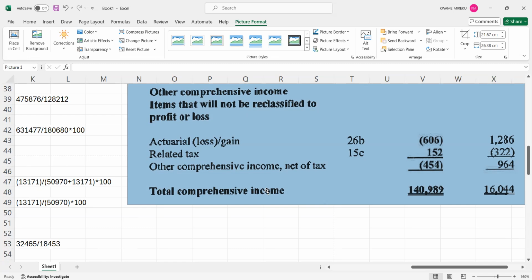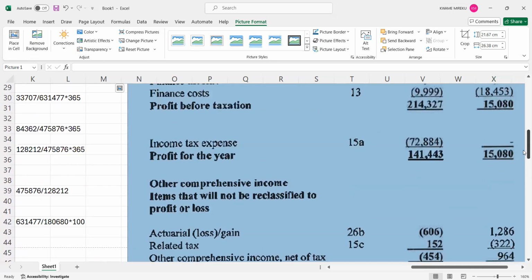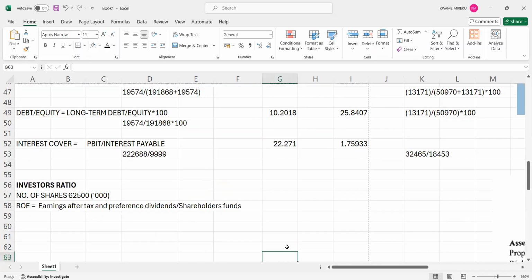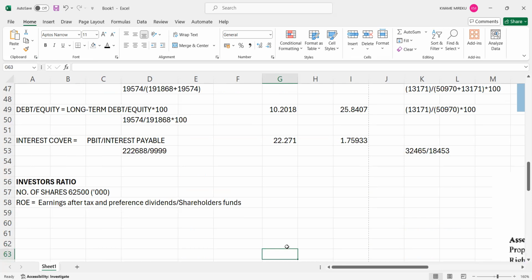Even for the net profit margin, if somebody has used the total comprehensive income, I don't think that's much of a problem, because most companies don't have these extraordinary items in them. But let's use the profit for the year. That's one thing about ratios: the figure to pick can sometimes become a problem. But at least whatever we discuss here, whatever you meet in exams, you use the profit for the year, because that is the profit applicable to the shareholder. So you use the net profit for the period.